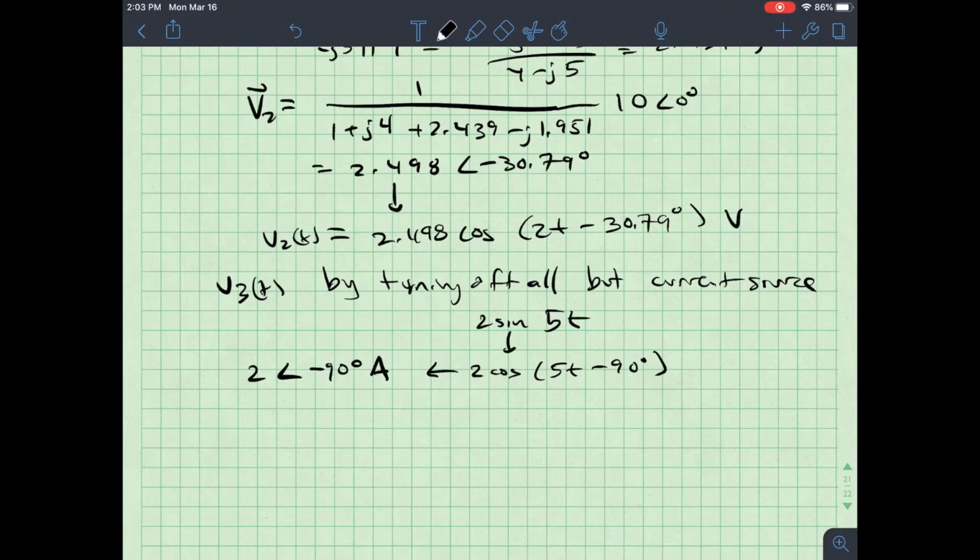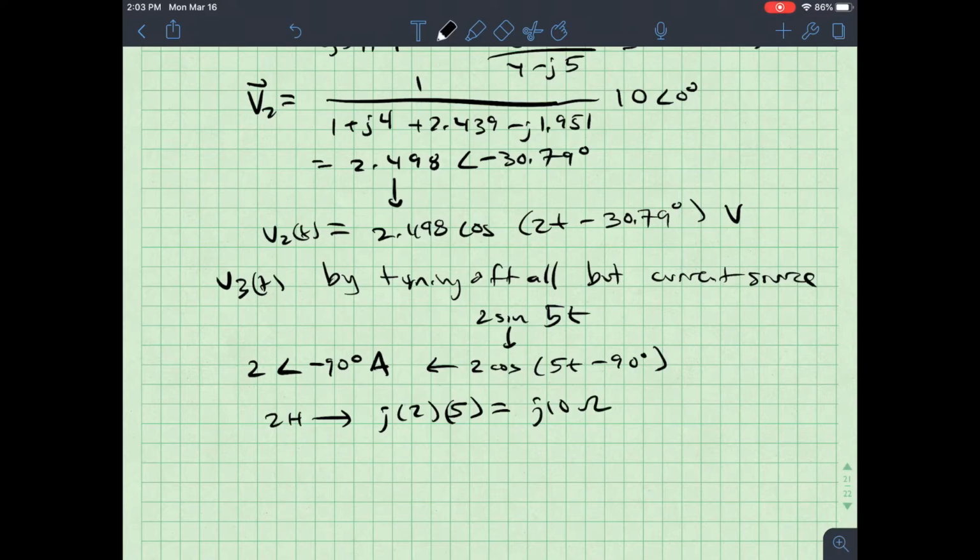I've got my inductor, which is 2 henries, becomes J times 2 times 5, which is equal to J10 ohms, and my 0.1 farad capacitor is 1 over J times 5 times 0.1, or in other words, negative J2.